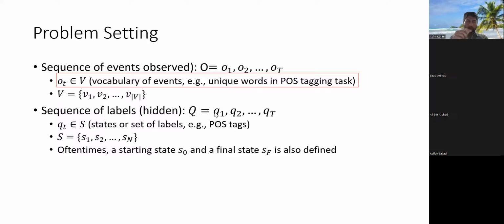All of these small o's come from the vocabulary set V. It's a word from the vocabulary. The size of the vocabulary, as we have done previously, is the absolute value of V, which can be taken as M, as we have done previously, but here we denote it as V. So the vocabulary is V1, V2, up to V, the total number of words in the vocabulary.